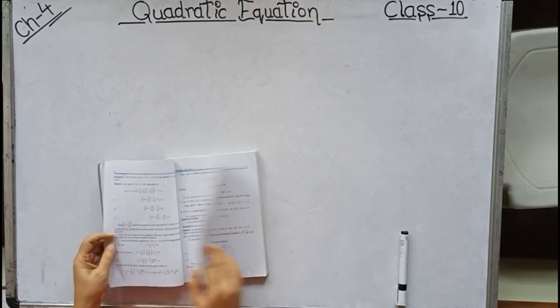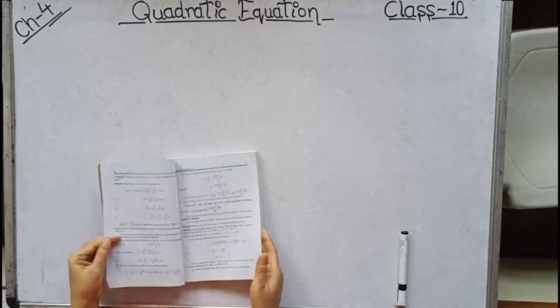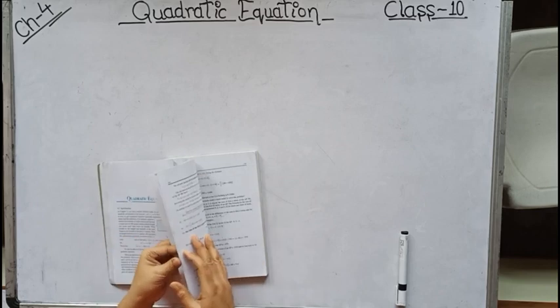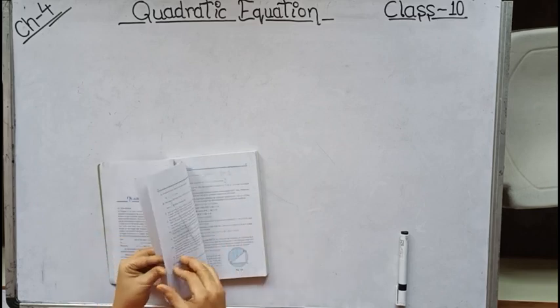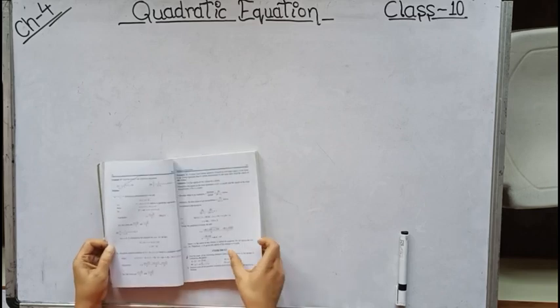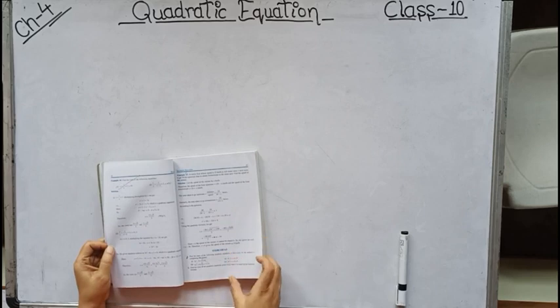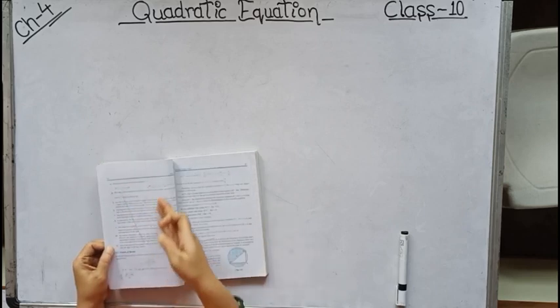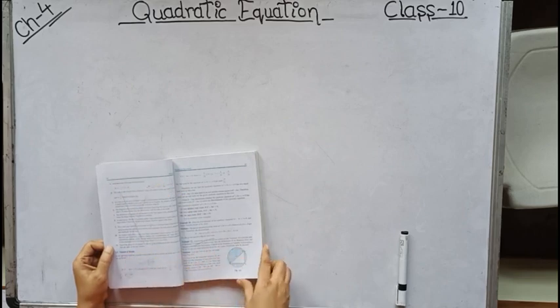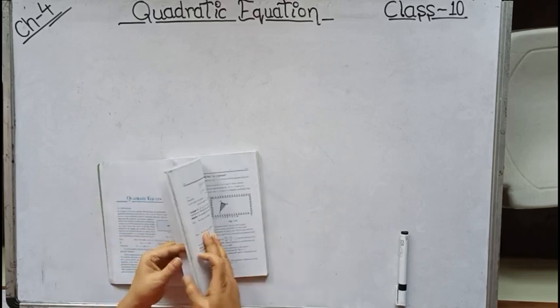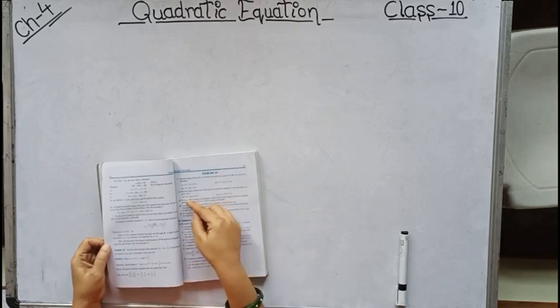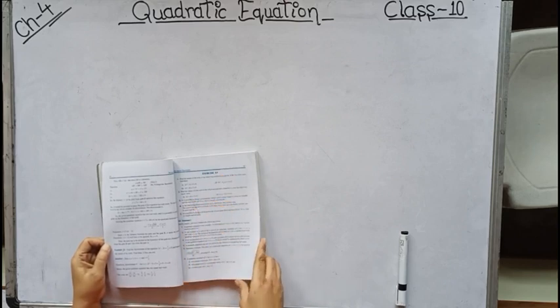These solved examples, like example 11 and example 12, you can cut. Exercise 4.3, question number 4 to 11, all you can cut, all are word problems. Example number 17, and exercise 4.4, question number 3, 4, 5, you can cut.